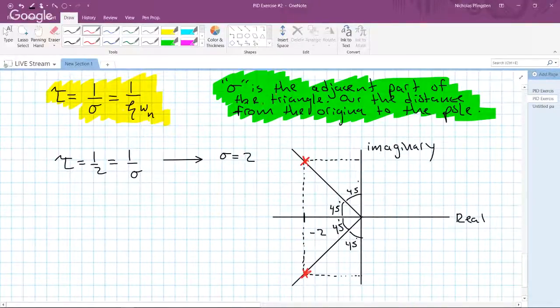So what this is then, this is 2i, this is negative 2i. And then this spot here is negative 2.